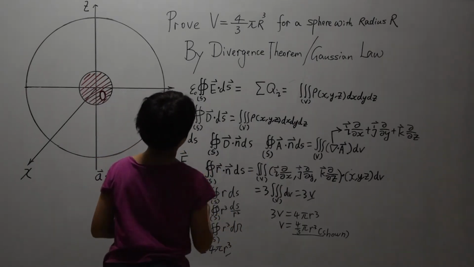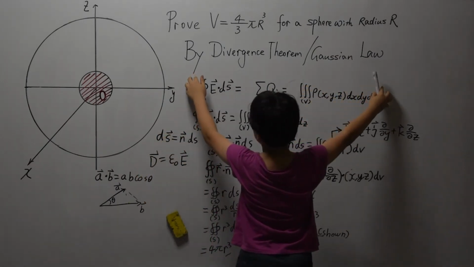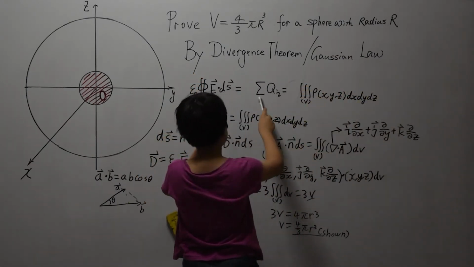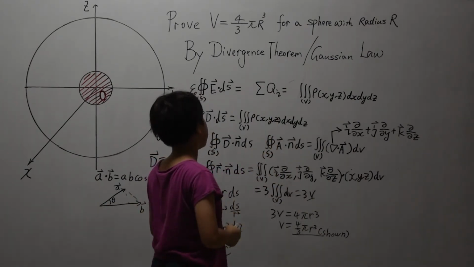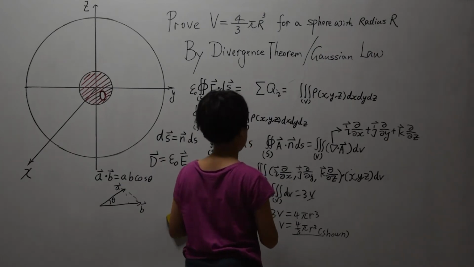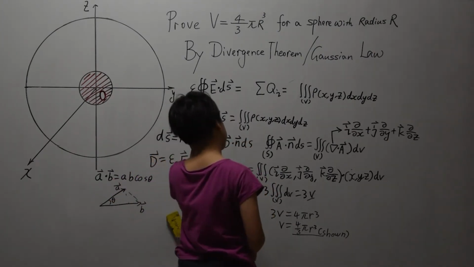So here we use both of these, okay? The Gaussian law we use at first over here. Then after that we don't use this part, as this sphere is obviously continuous. This sphere couldn't have holes, if not it wouldn't be a sphere anymore, right?